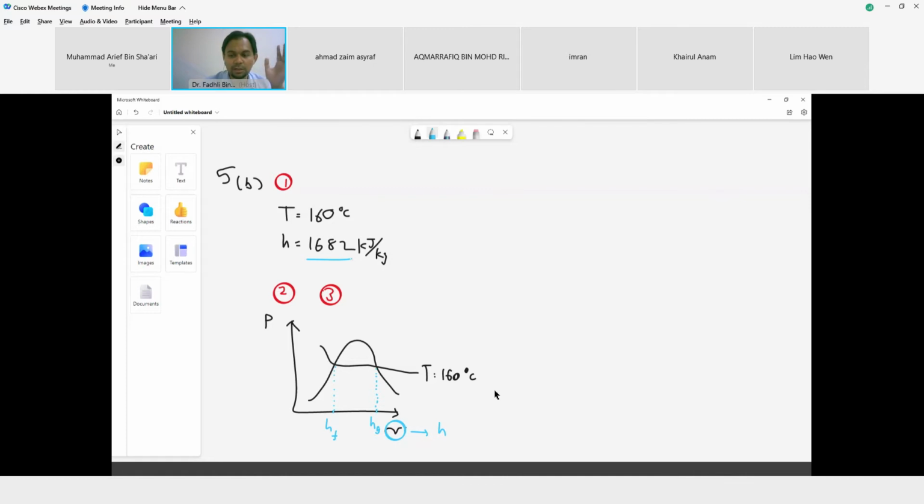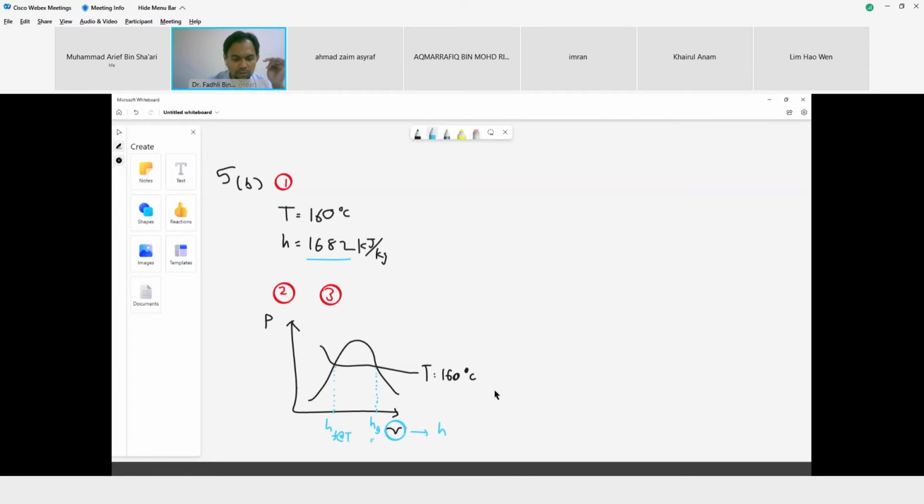Kalau kita tak ada nilai reference, then we cannot plot this 1682. So, as I said just now, find this value HF and HG at 160 degrees C at the given temperature.